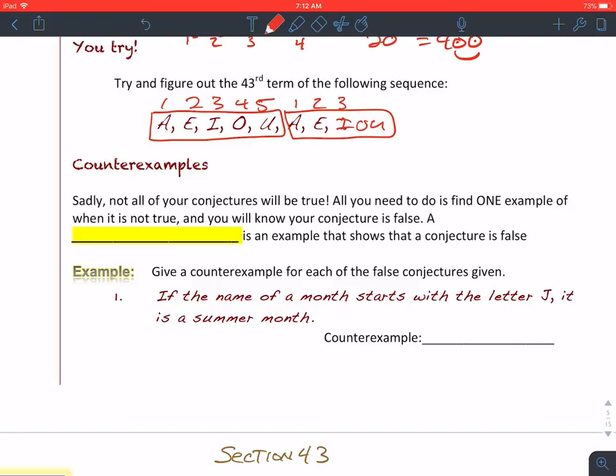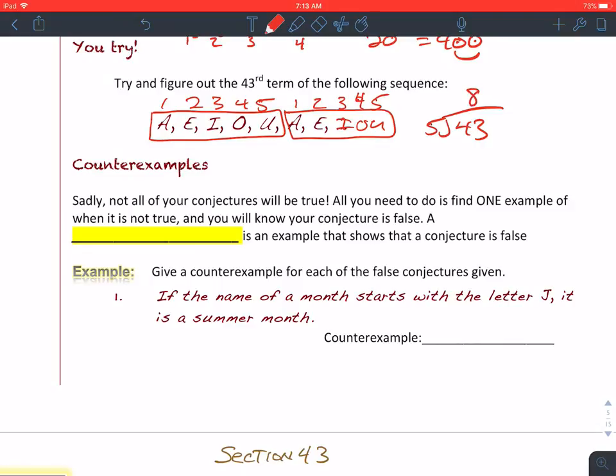Whoops. And then 10th term. I'm saying one thing and writing something else. So it's the same 5 letters in the same order. So since there are 43 of these, and the pattern has 5 in each, we can take 43 and divide it by 5.